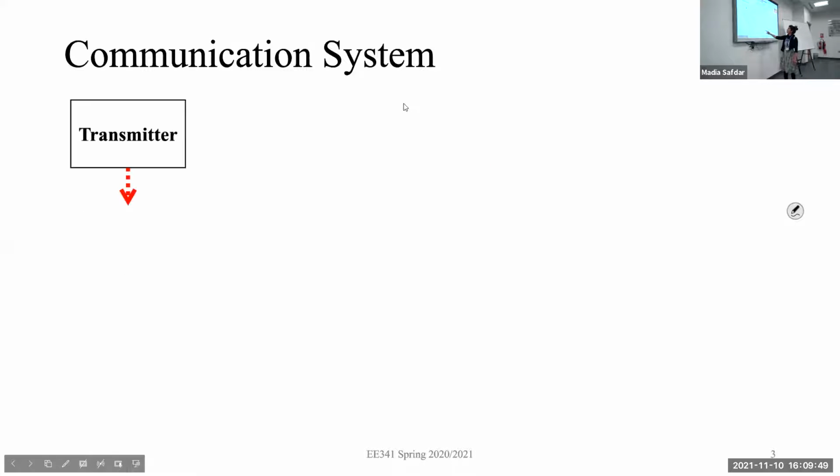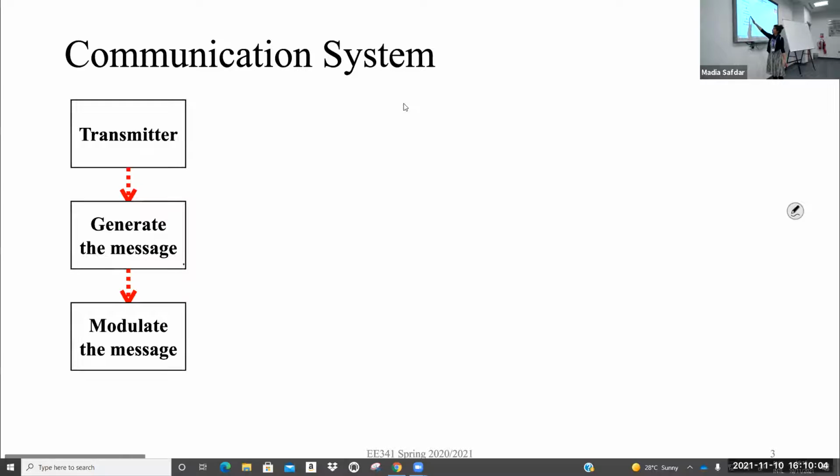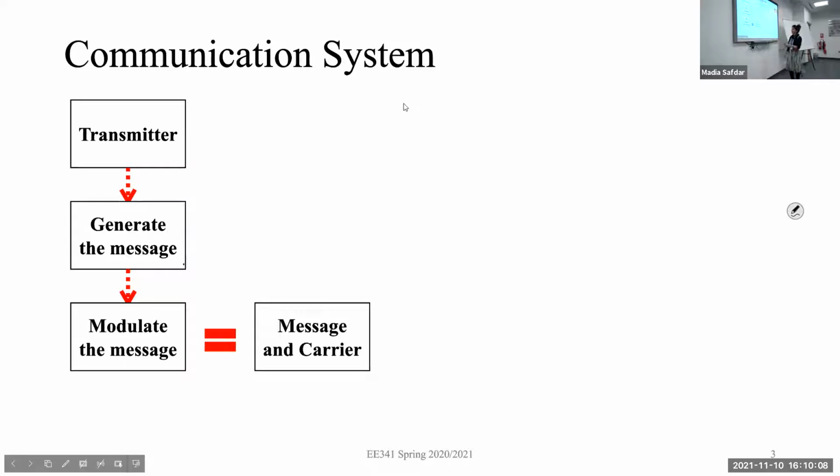So this is my transmitter. At the transmitter side, meaning the sending side, we generate the message and we modulate the message. How do we modulate the message? We multiply this message with the carrier. That is the modulated signal.